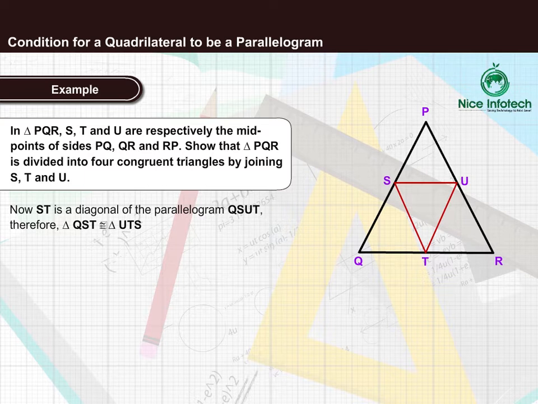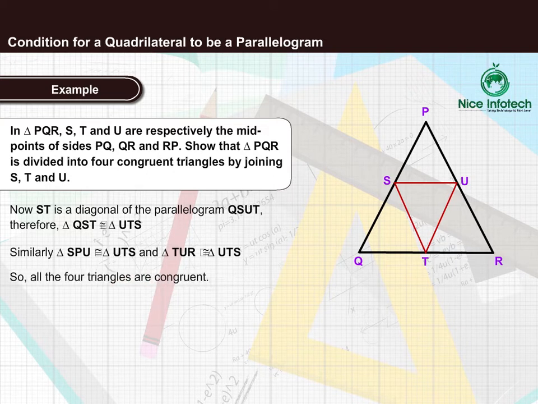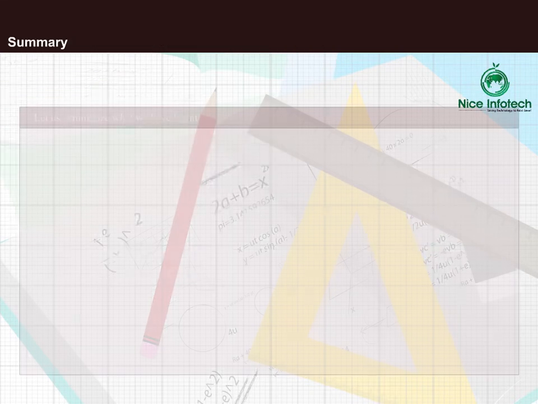Therefore, triangle QST is congruent to triangle UTS. Similarly, triangle SPU is congruent to triangle UTS, and triangle TUR is congruent to triangle UTS. So, all the four triangles are congruent.